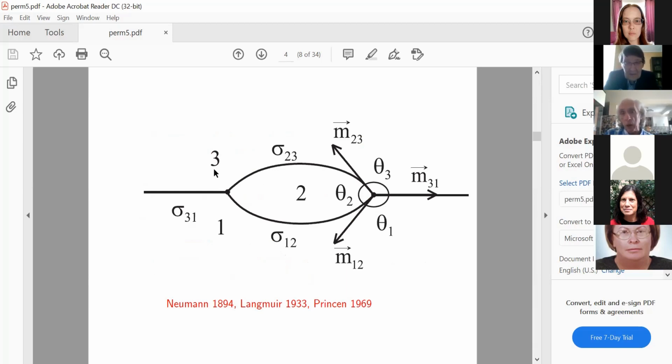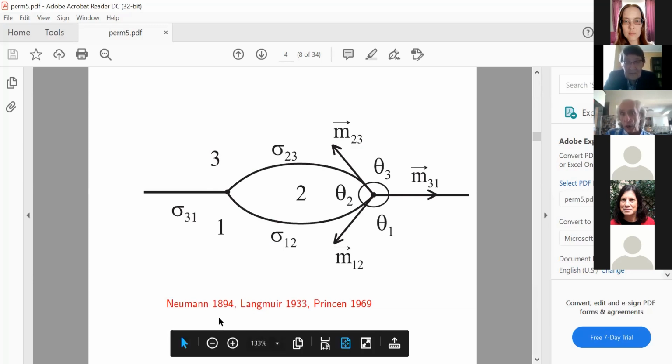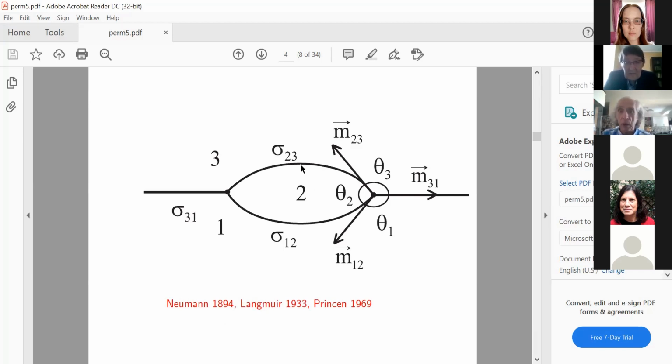This problem looks much simpler than the problem of the motion of droplets on a solid substrate, because the problem of contact angles at the triple line was solved in the 19th century. That is just a balance of three surface tensions of liquids. All the surface tensions are measurable. There's no such difficult quantity as the surface tension of a solid.